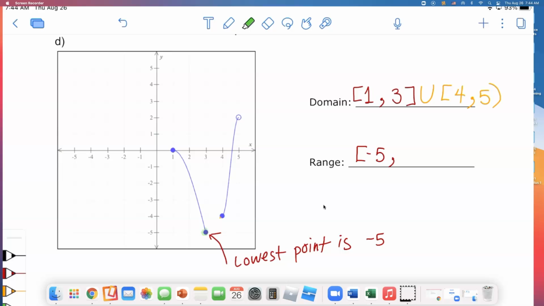So it starts here. It covers everything from -5 all the way to what's 0, right? And I know I said 0 because even though we see 1 here, that's the x-coordinate. The y-coordinate for this point is 0, okay? So look, it covers everything from -5 to 0, right?